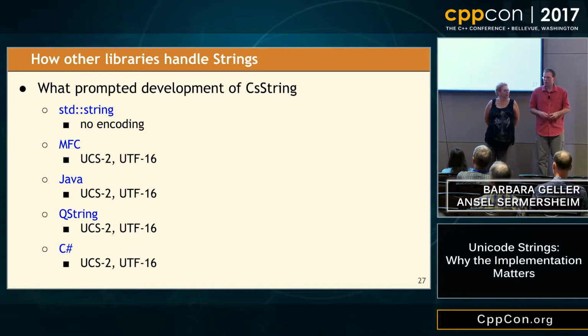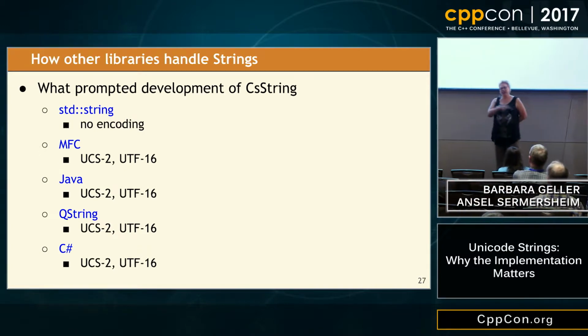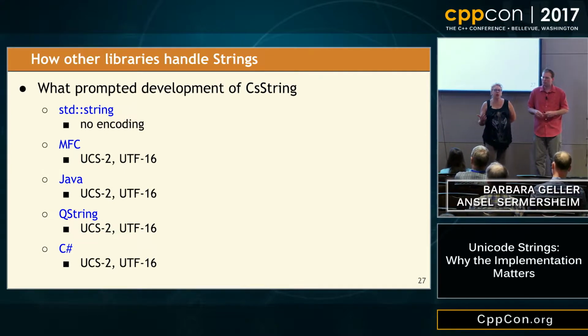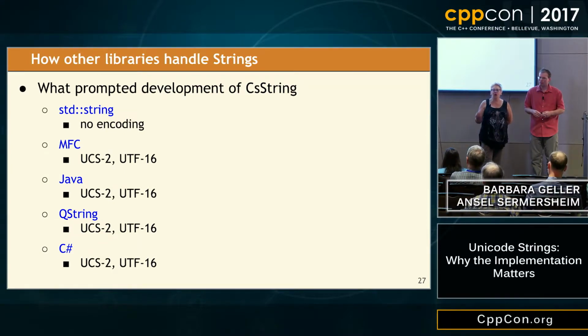What does Microsoft do with MFC? Well, they started on UCS2 and they moved to supporting UTF-16, mostly. QString in Qt started out as UCS2. They have migrated to UTF-16. There's a few issues, though, with QString, and that has to do with surrogates.